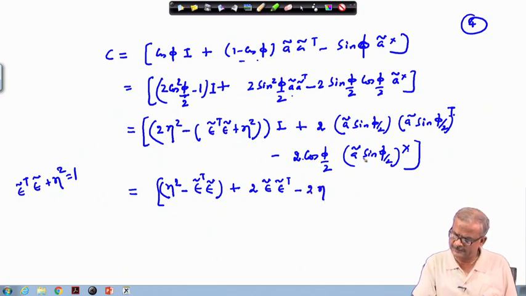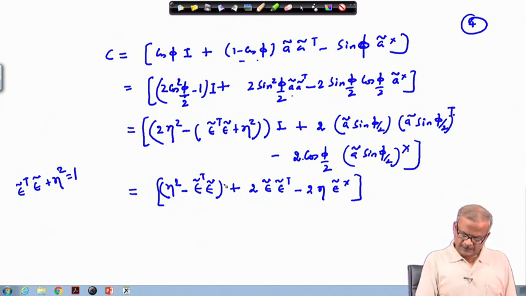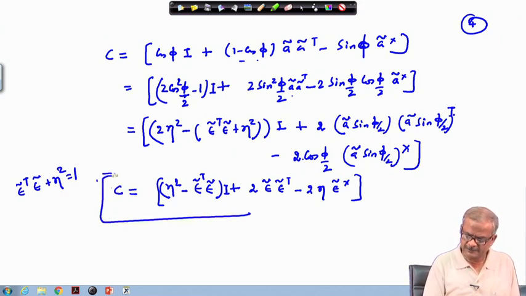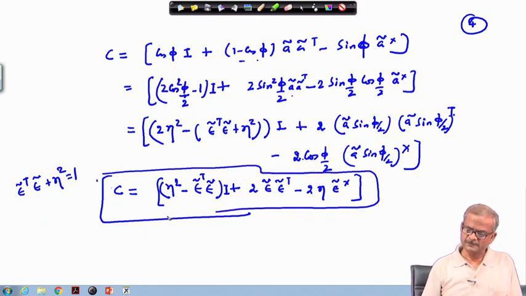So, we put here eta and this is epsilon tilde cross. And here we have to put I. Now, this is your rotation matrix in terms of the Euler parameters.